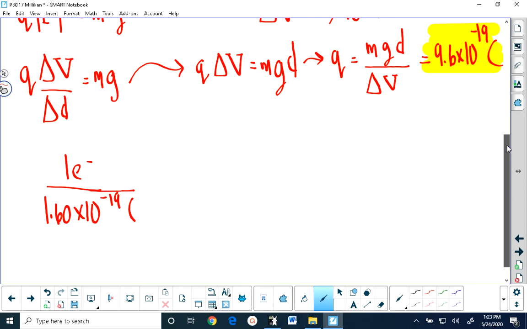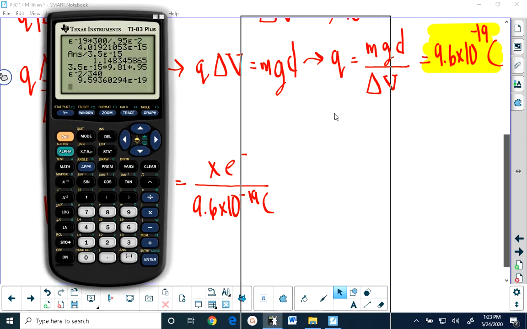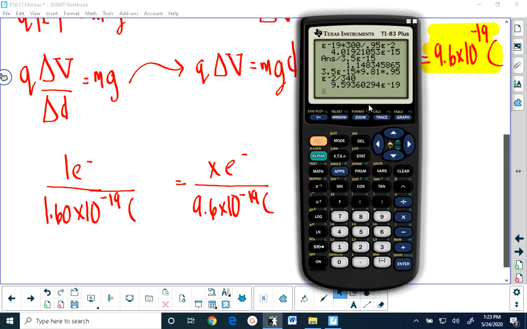That ratio has to stay fixed, so we can write x electrons over 9.6 times 10 to the negative 19 coulombs. And when you cross multiply, you can see that you are going to have to take 9.6 times 10 to the negative 19 and divide by 1.6 times 10 to the negative 19.